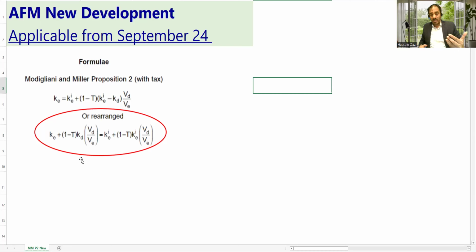You can easily calculate beta equity and beta asset. Although there is no shortcut formula to calculate beta equity and beta asset, you can smartly calculate them with the spreadsheet function and save your time compared to attempting manually and just writing the value on the spreadsheet. Don't do that.